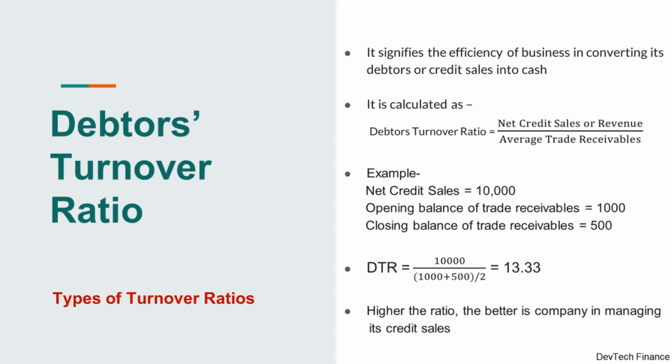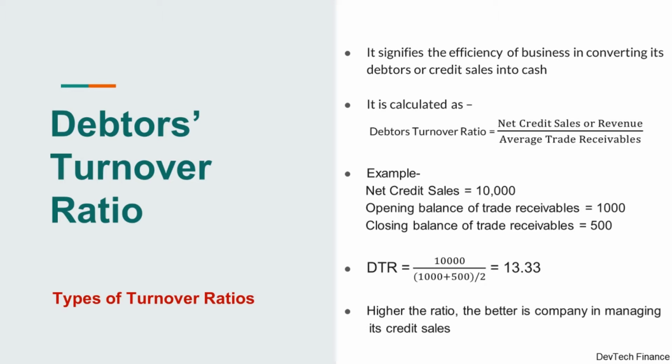Let's have a look at the debtors turnover ratio. It signifies the efficiency of the business in converting its debtors or credit sales into cash. Just have a look at the formula. It is derived as net credit sales or revenue divided by average trade receivables. Today almost all businesses deal in credit sales because it becomes so important to grab all the opportunities to create market presence and to capture most of the customers.